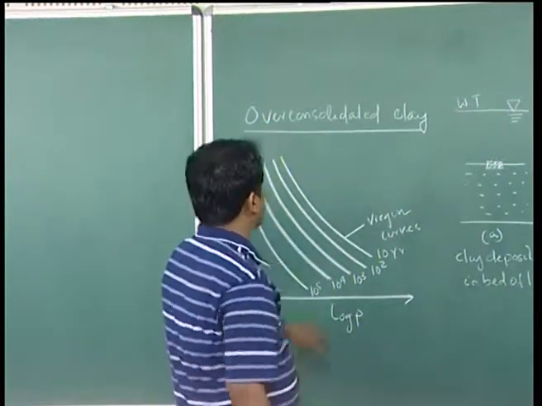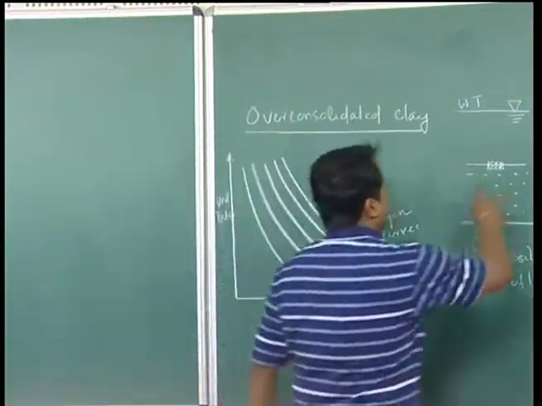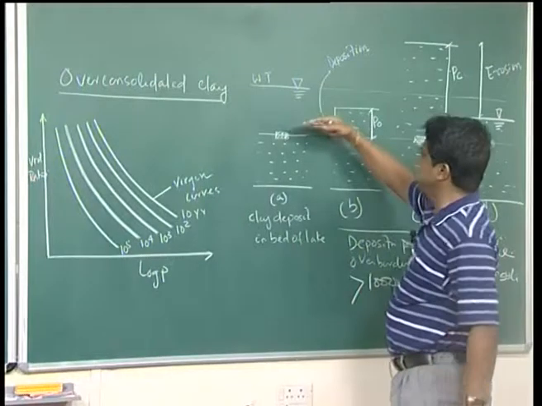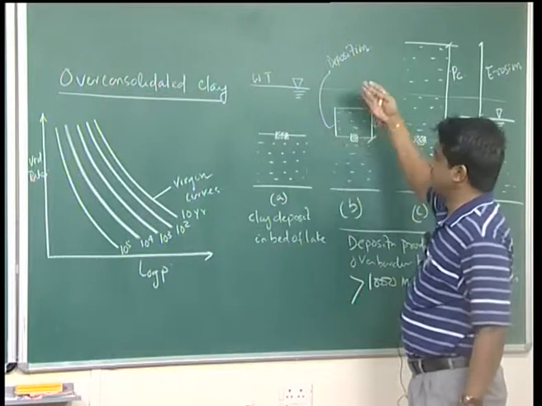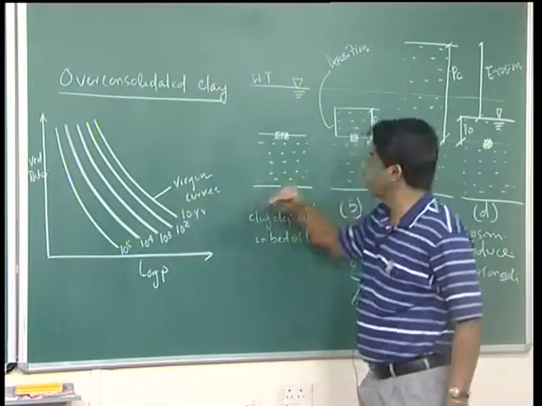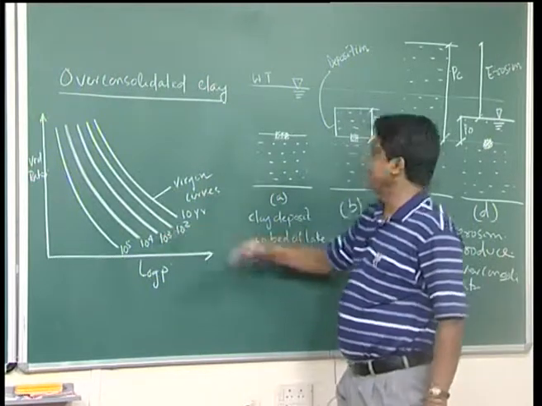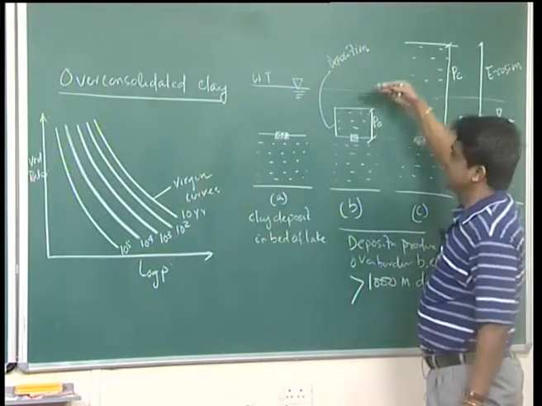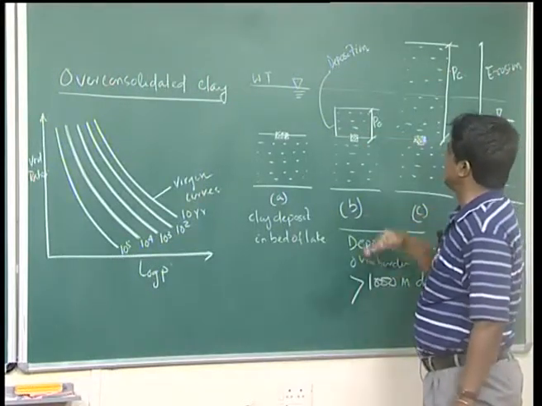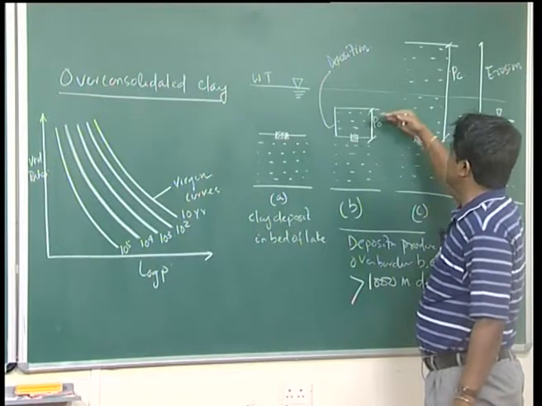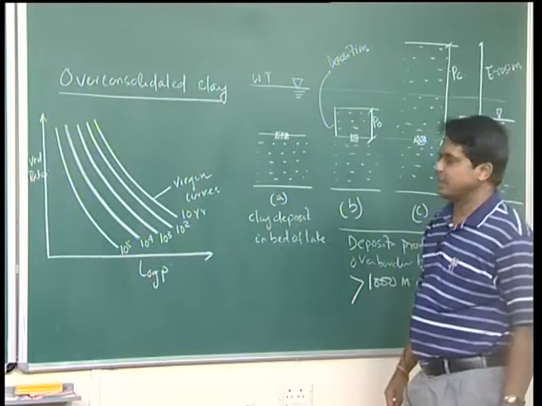Suppose there is a clay deposit in the bed of lake, and over this clay there is a deposition, suppose it happens over 10 years, then maybe after 10 square years there is more deposition. So, deposition increases, that means the overburden pressure increases from P0 to pre-consolidation pressure. So, that consolidation process starts.